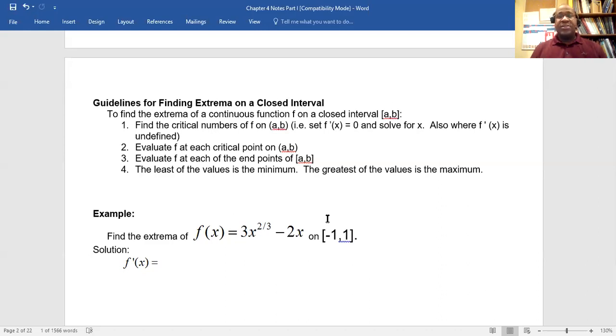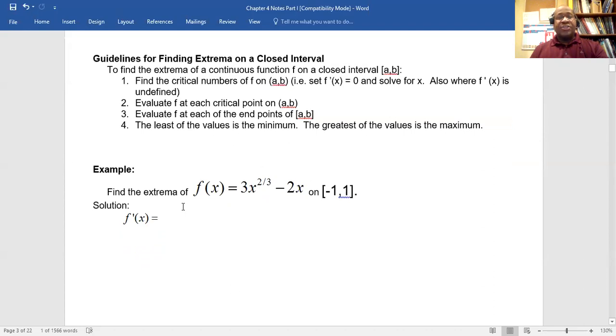We do that by setting the derivative equal to 0 and solving for x, and also identifying anywhere where the derivative is undefined. Those will give the critical values. Then we evaluate the function at each of the critical points that we find. Then we evaluate the function at each of the endpoints, because those are the points where the absolute values can occur. Once we do that, the least of the y values is going to be the minimum, and the greatest of those y values will be the maximum. Pretty straightforward.